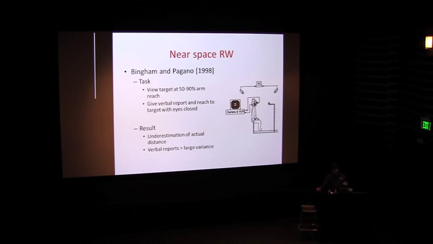And so in that process, there's a lot of cognitive influence, and he wanted to look at verbal reports to see how perception action versus perception cognition action differ. So he compared verbal reports to physical reaches with the participants' eyes closed, and the verbal reports seemed to be more erroneous as compared to the physical reaches.